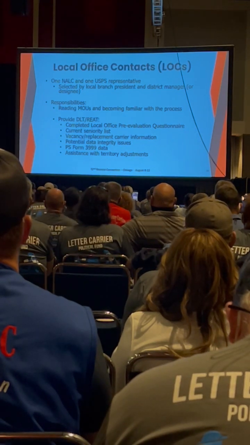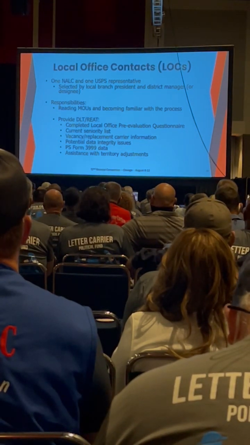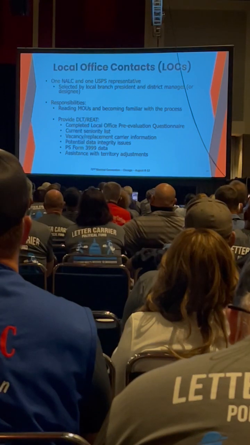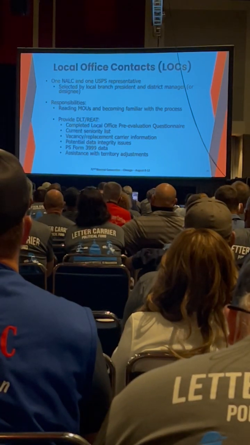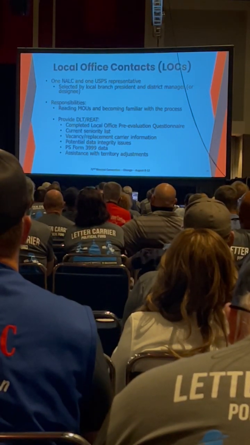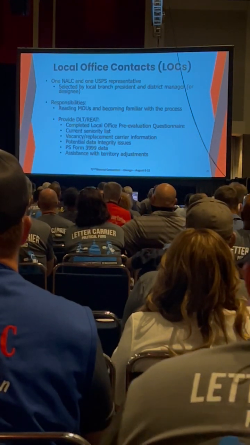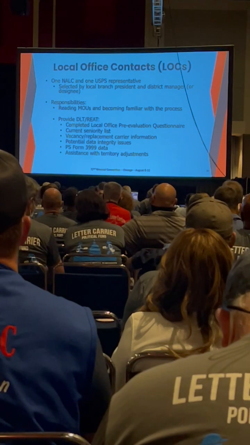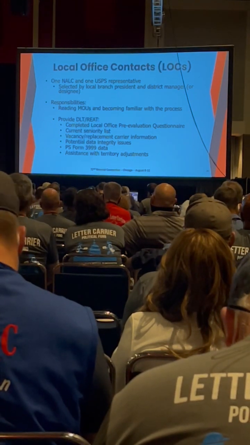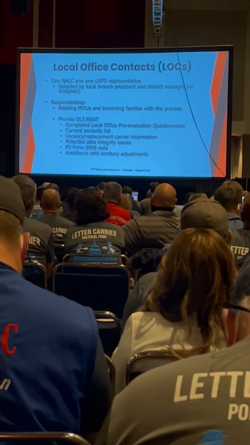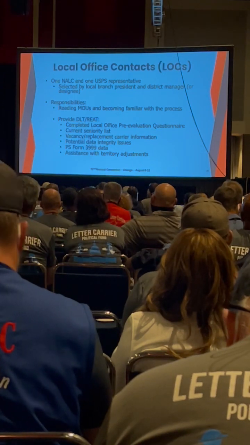Some of the things that are going to be required from the local office contacts and ask for your assistance is that you certainly have that pre-evaluation questionnaire completed and returned to them. Provide them with a current seniority list. Certainly discuss with them, make them aware of any types of vacancy or replacement carrier information that they would need to know.